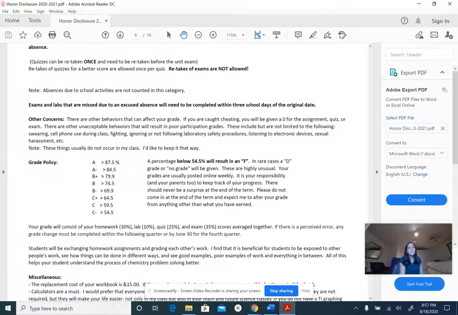Okay, so this is the grade breakdown here. In terms of behavior, there are behavior issues that will impact your citizenship grade and also your grade. The one that will affect your grade is if you are caught cheating. I will give you a 0, no ifs, ands, or buts for the quiz, the assignment, exam, whatever.